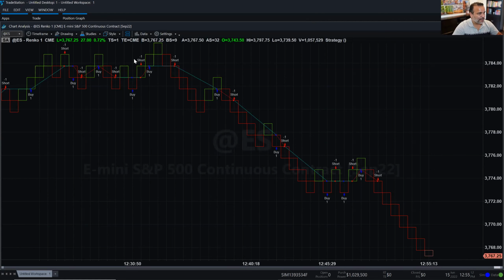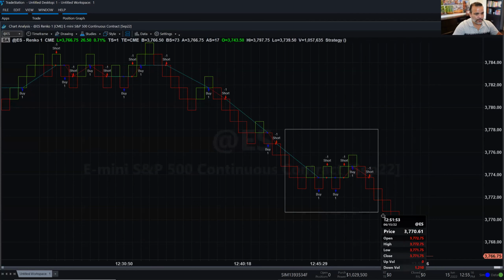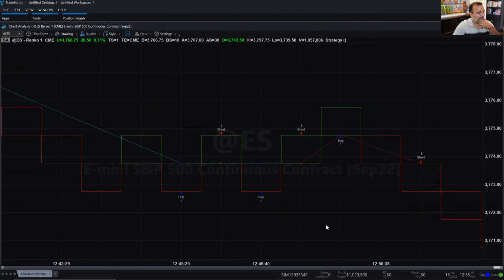So let me zoom in here so we can see. For example, here we have that scenario where we have a box that is higher, or closes higher than the previous one, then it generates a trade. We talked about this entry. This entry should not be right here at the bottom.